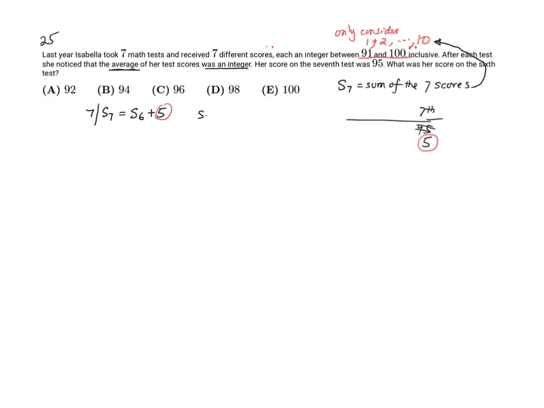Of course, for S7, the sum of the 7, let's take a look at what would be the smallest possible sum of the 7 scores and what would be the largest.